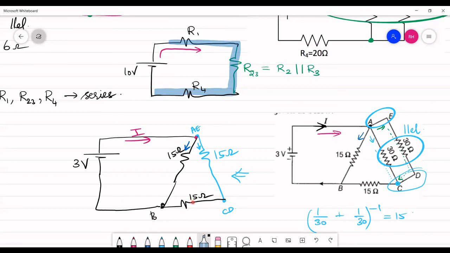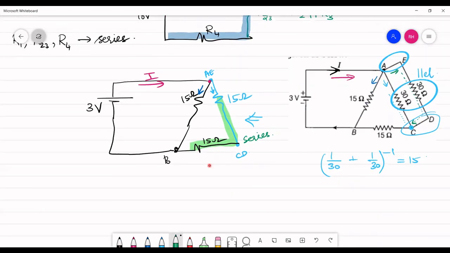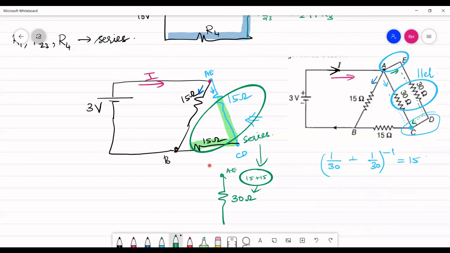So whatever current we had here is again flowing through this resistor, and I say that these two resistors are in series. Now if you reduce, these two are in series, so I combine these two, adding 15 plus 15 in series, and I have 30 ohm.